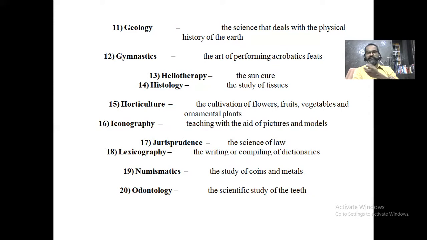If you have coined some words yourself, you are not a lexicographer. You compile words from different languages, places, and countries, put them together in one place, and publish them in the form of a book. That's called a dictionary, and that's called compilation. It's not your own writing; collecting from different sources is called compiling. That is lexicography. Numismatics here.